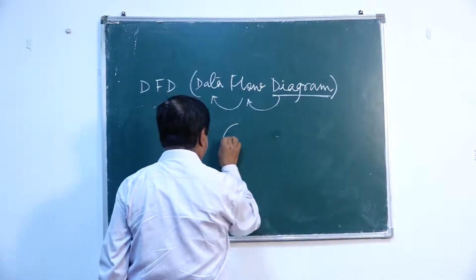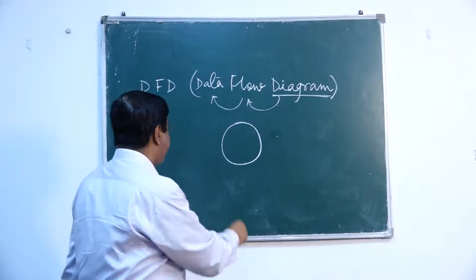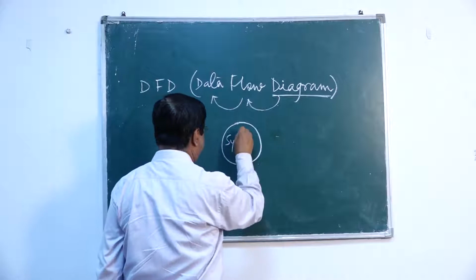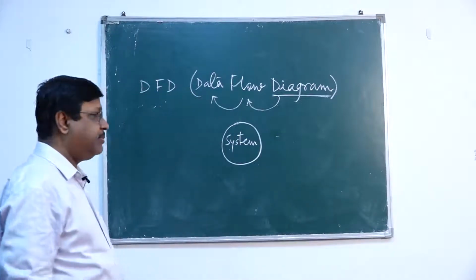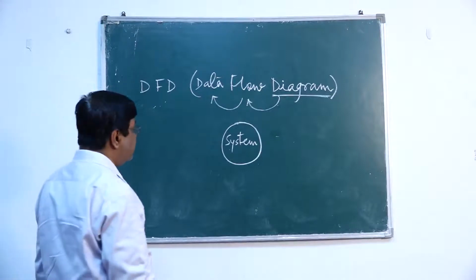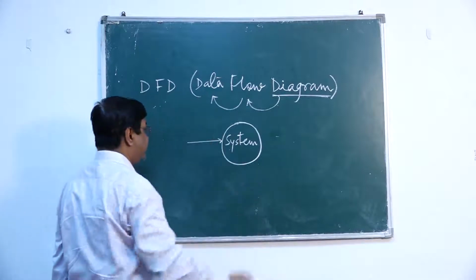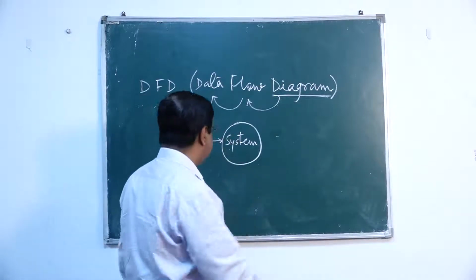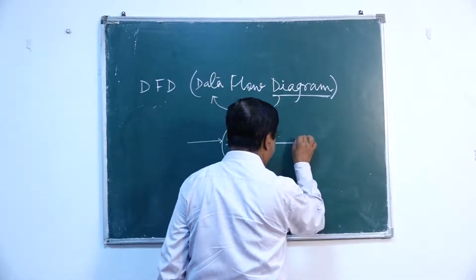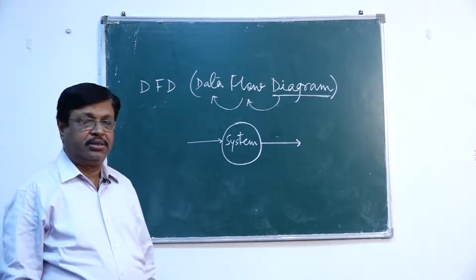Say this is a system. The DFD would show how this system receives data, what happens inside the system, and what is the output from the system.